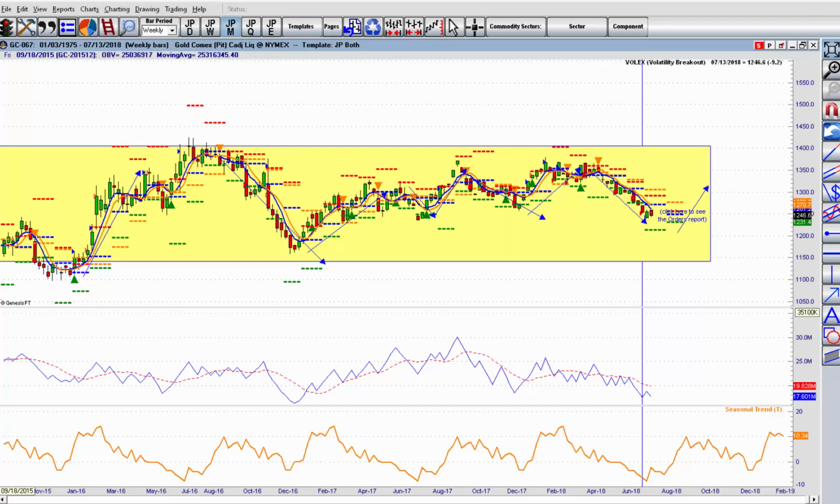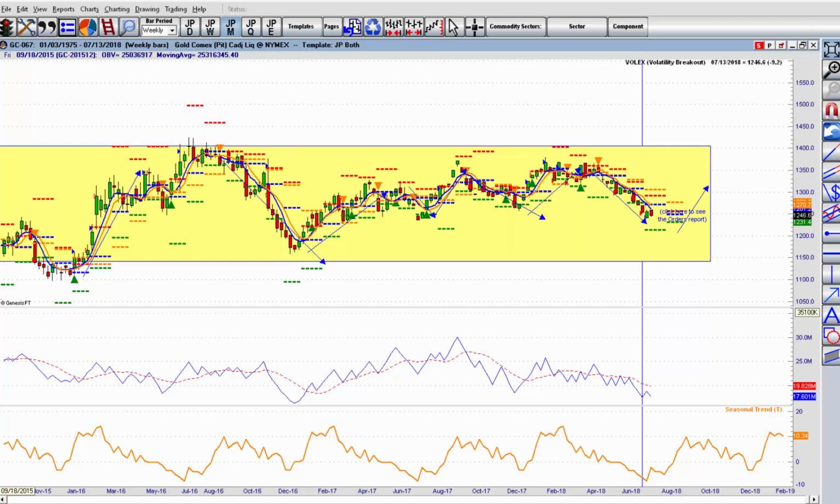But I came up with the concept that if you're going to use seasonality, it doesn't work all the time. It's a general rule, number one. Number two, technical indicators generally will give you a better guideline. Seasonal analysis just tells you what has been the past historic condition or trend of the market.